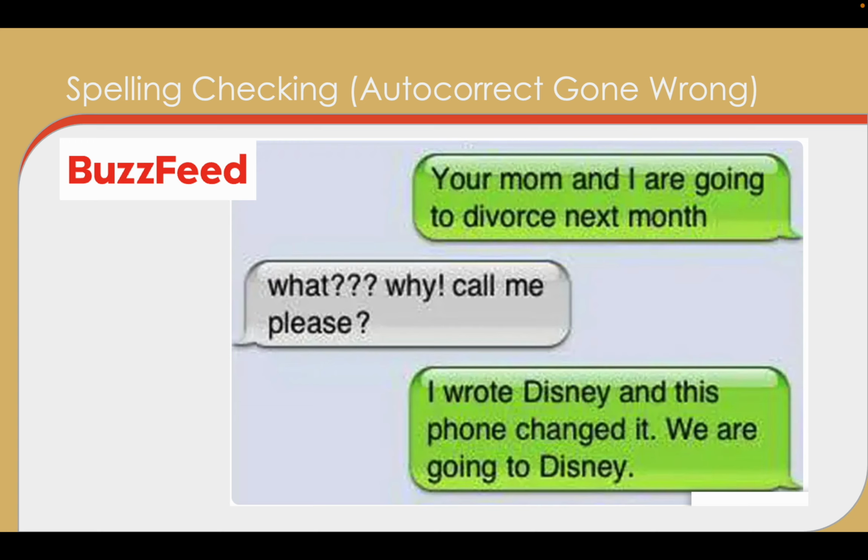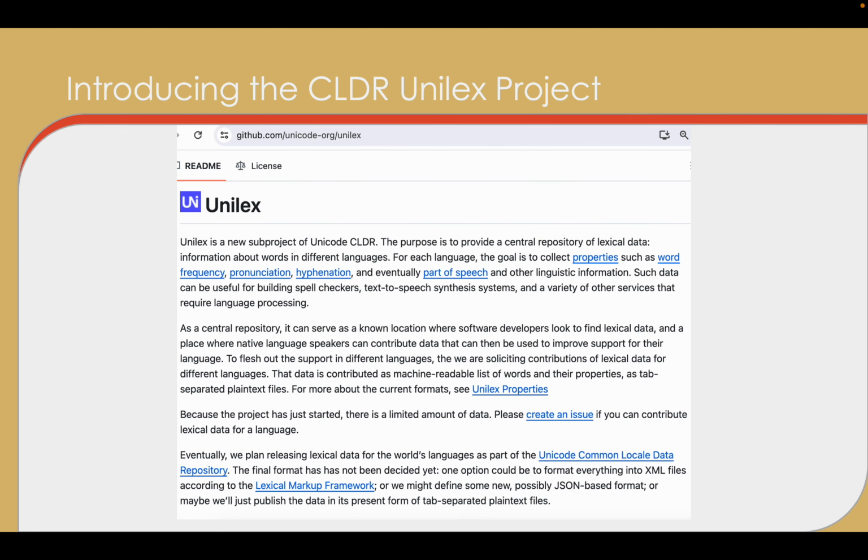The other new and exciting CLDR functionality includes things about spell checking. Here's something, we all have seen spell checking go wrong, and as you might imagine, it especially goes wrong for languages other than English. And so Unicode CLDR has created a new project called Unilex.